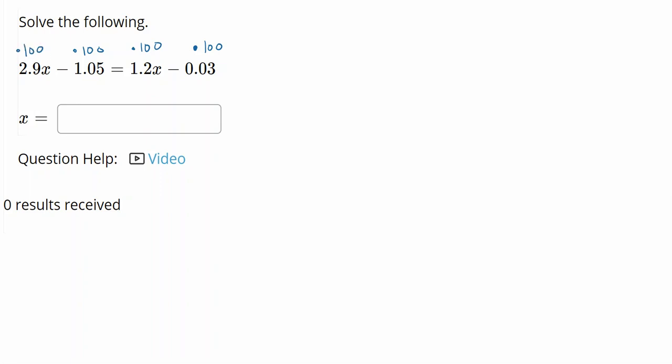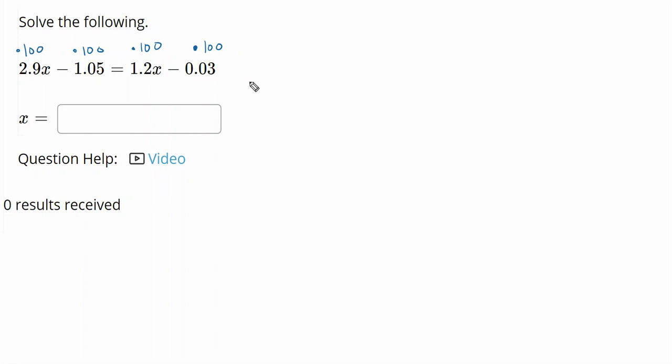That might seem confusing, and you might run to your calculator to ask what 100 times 2.9 is. Well, that's easy with 100, because all you do is move the decimal place over 2 times. First, when you multiply everything by the same number, 100, 100, 100, it's okay.